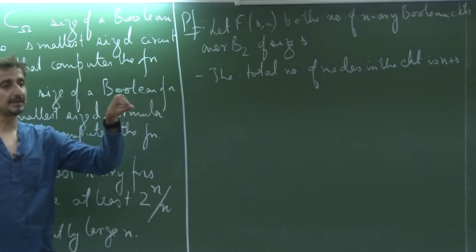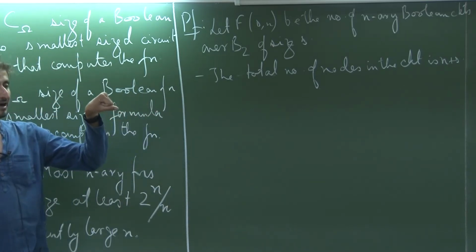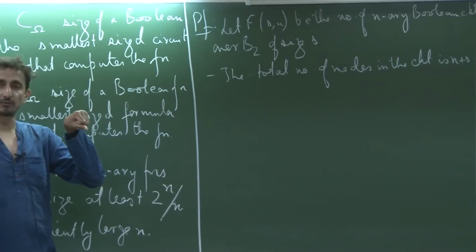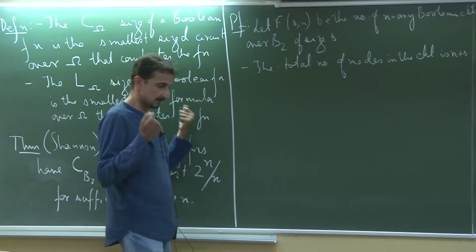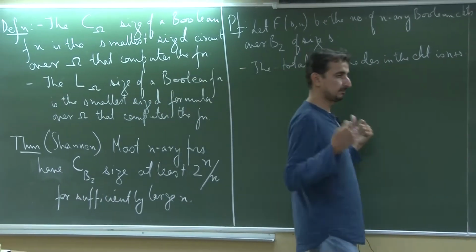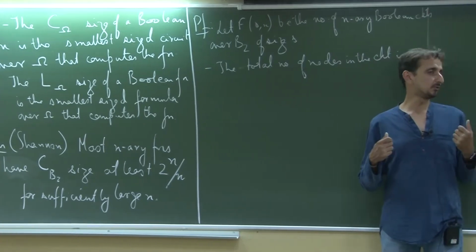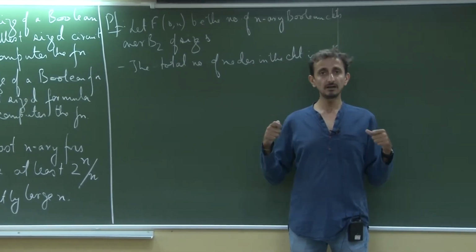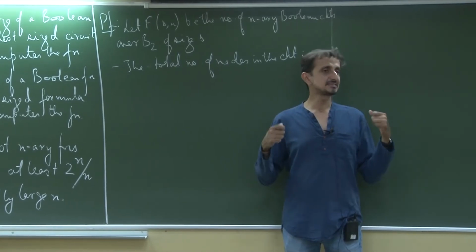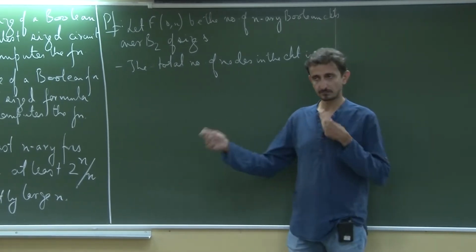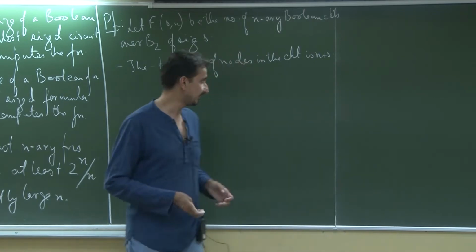Now, fix a gate. Let us take any particular gate. From how many nodes can it take input? Each gate has 2 input wires coming to it, and each of those input wires can come from any of the other n plus s minus 1 nodes in this circuit, right.